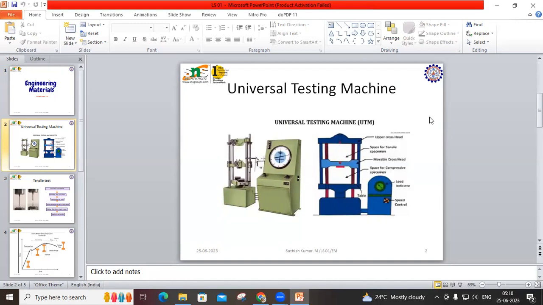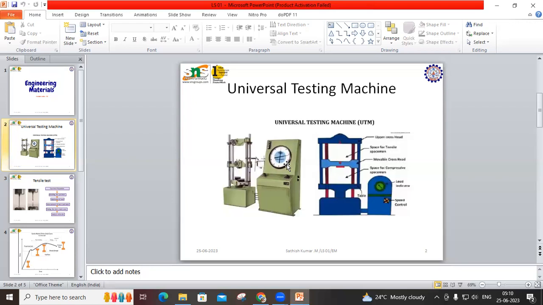Here we have a picture of a universal testing machine, where we have an upper crosshead, space for the tensile specimen, a movable crosshead, space for the compressive specimen, and a load indicator, speed control, and table. It is called a universal testing machine in the sense that we can test all the specimens in one machine.